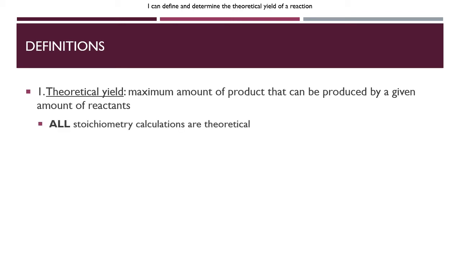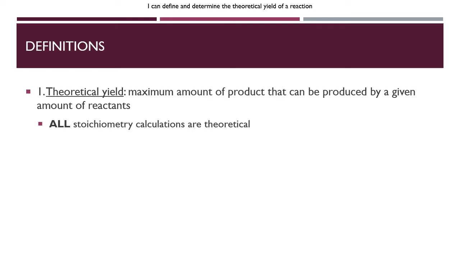What we want to understand is that all of our stoichiometry calculations that we've learned to do so far are all theoretical. So for example, if the question says we have X number of grams of some reactant and it asks us to determine what mass of a product can be produced, that mass is theoretical, meaning we would only get that mass if we were able to collect every single bit of the product and if the entirety of the reactant actually did react, meaning it was completely consumed.